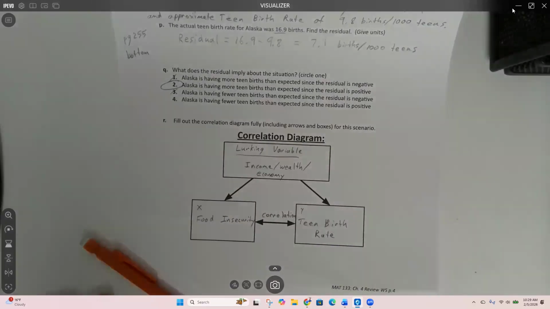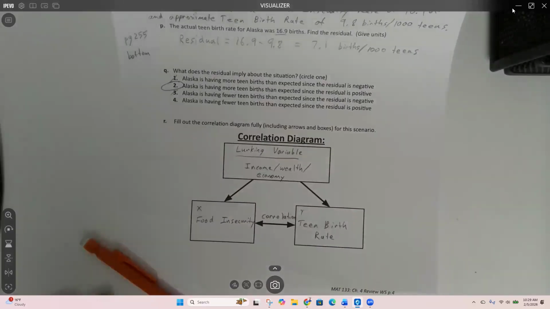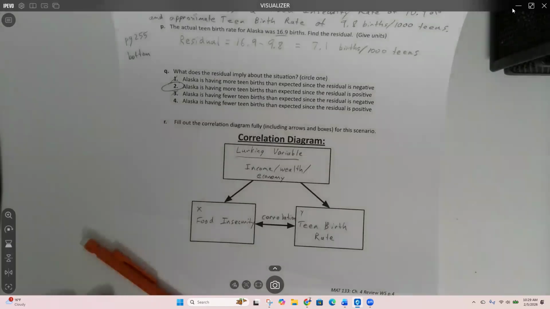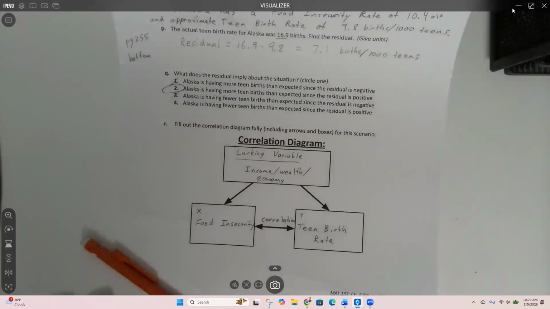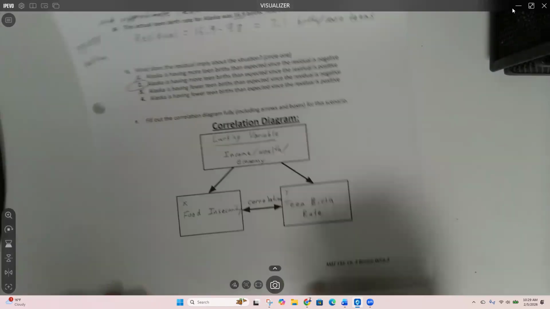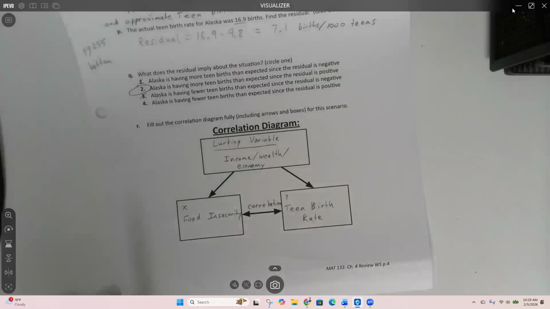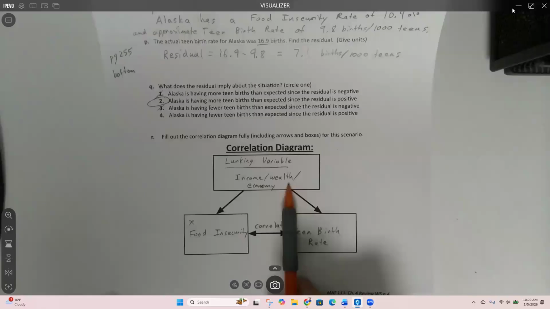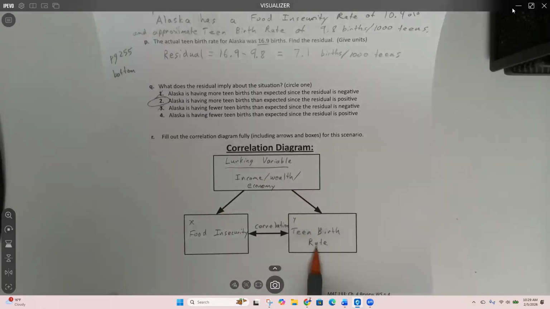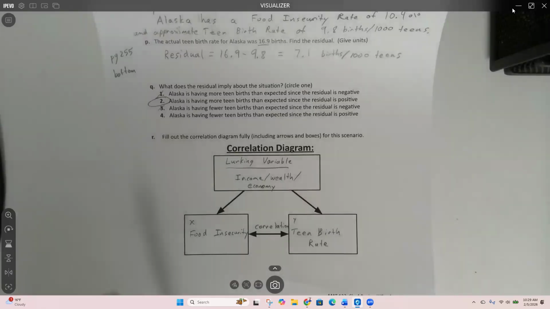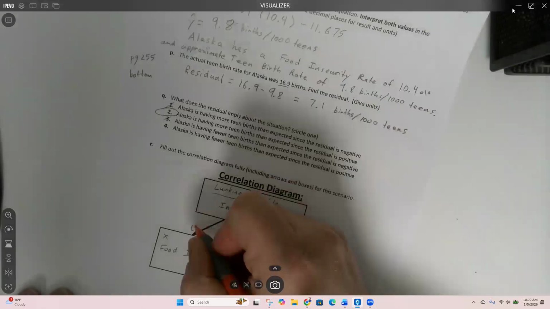We know that there is a relationship between poverty and teens ending up pregnant more often. So if a state has a low income, you have a poor state, then you're going to have a higher teen birth rate and a higher level of food insecurity. And this is causation.